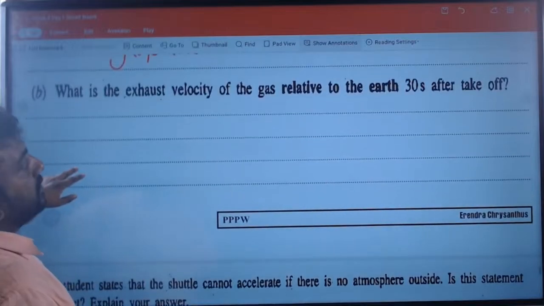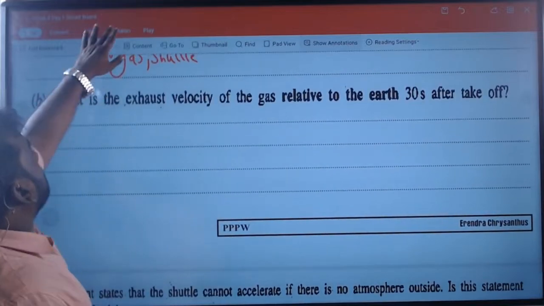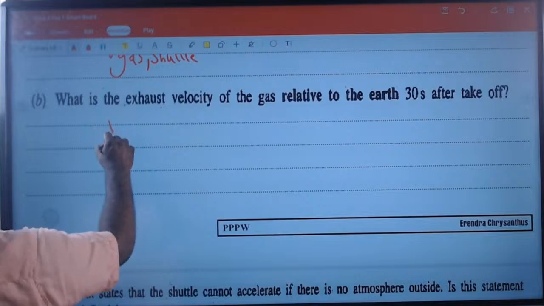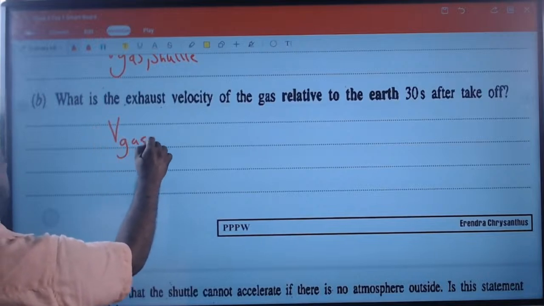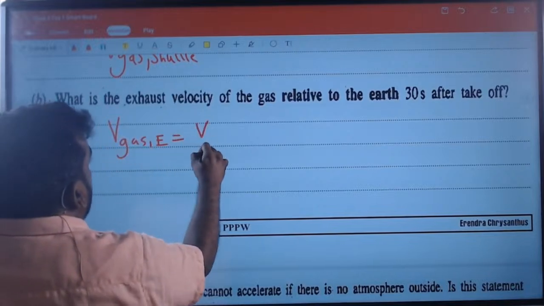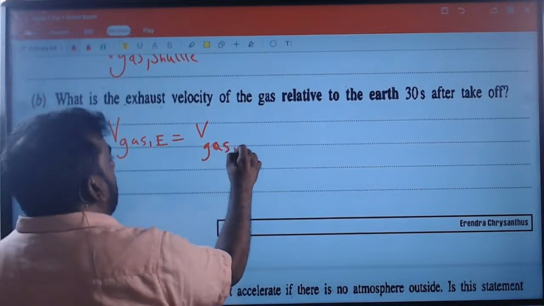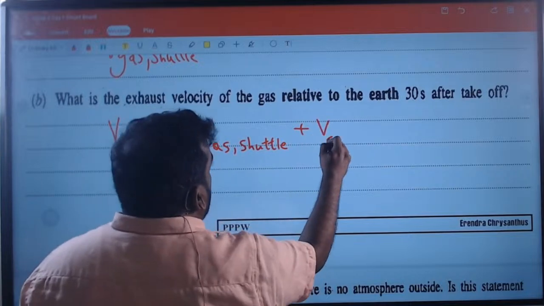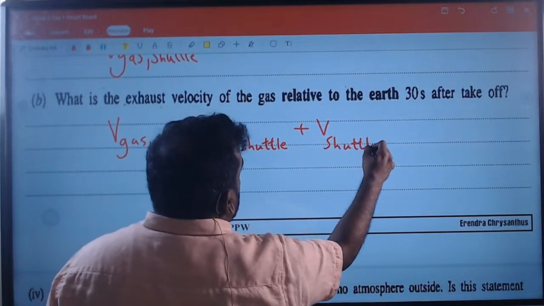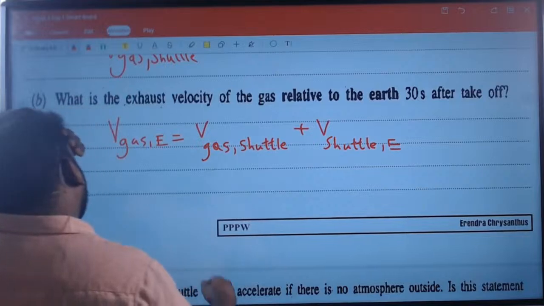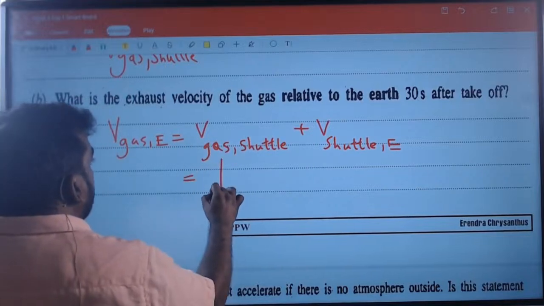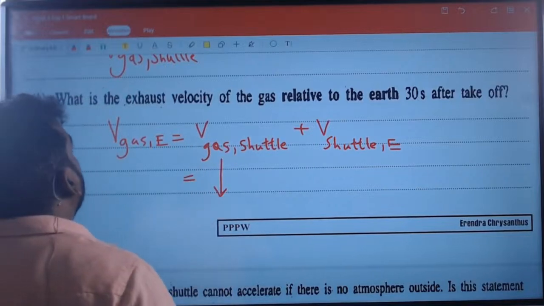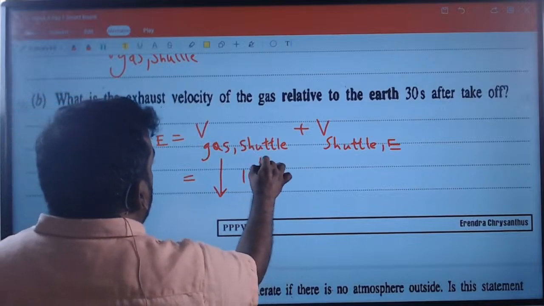What is the exhaust velocity of the gas relative to Earth after 30 seconds? Gas with respect to Earth is gas with respect to shuttle plus shuttle with respect to Earth. Gas is coming down, 10^4.